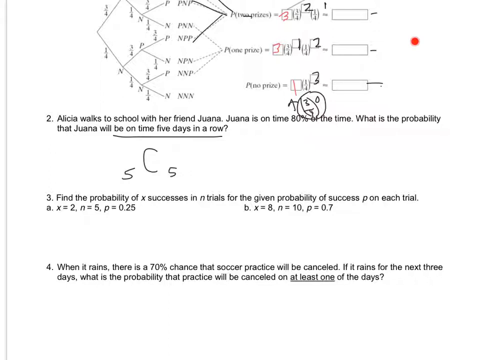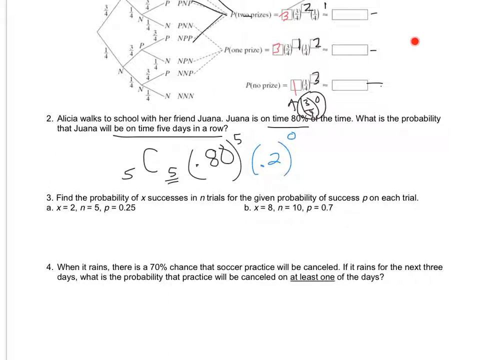So then this is the number of successes. Then I'm going to multiply it by the probability of success, which is 80%, and raise it to the number of times it's a success, or how many times she's on time in those 5 days, which is 5. And then I'm going to multiply by the probability that she's not on time, which is 0.2, and the number of times that she's not on time in that situation would be 0.